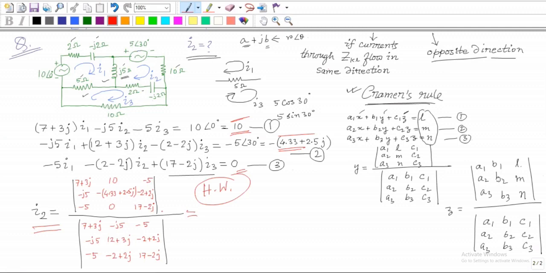My intention is to make you understand how to write the mesh equations using the inspection method. Hopefully you have learned it. If you still have any confusion or doubt, then you can tell me. I shall repeat this procedure.